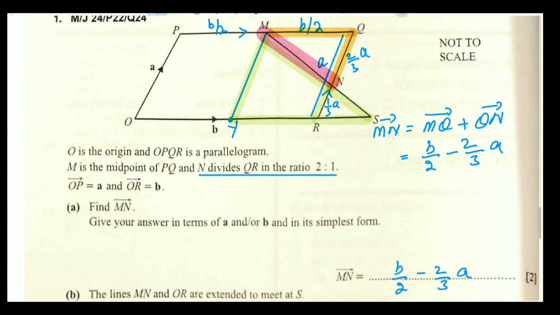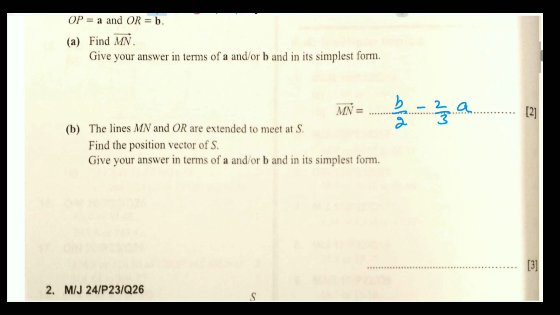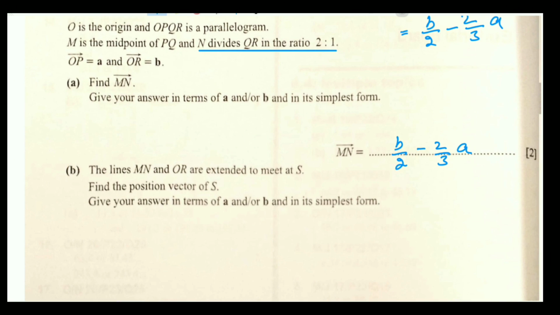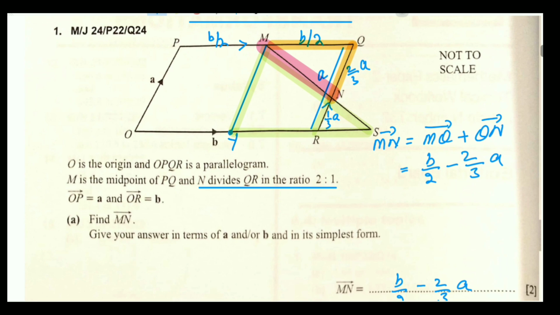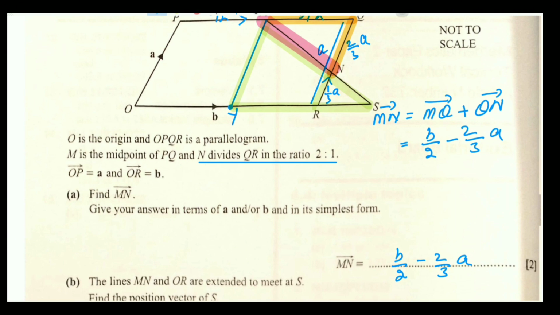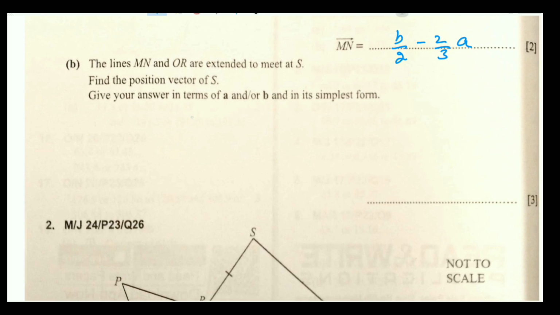So what we will do now, we have to find the position vector of S. If we use the similarity rules, it will be RS over RN. Small triangle, we will take small triangle sides, RS over RN. So ratio method we will use.